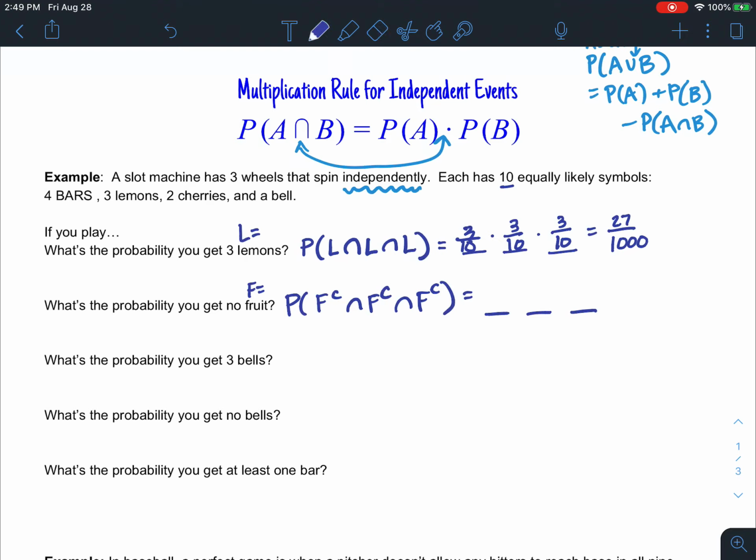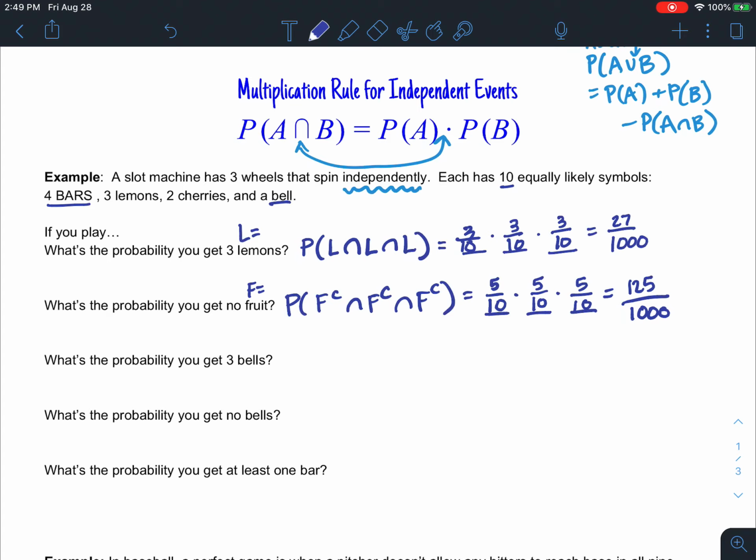Not a fruit. Okay, so a bar is not a fruit, so there's 4 that are not fruits, and a bell is not a fruit. So that's actually 5 out of 10 chance that the first wheel is not a fruit, 5 out of 10 that the second one's not a fruit, and 5 out of 10 that the third one's not a fruit, giving me, if I use my multiplication rule, 125 out of 1,000.